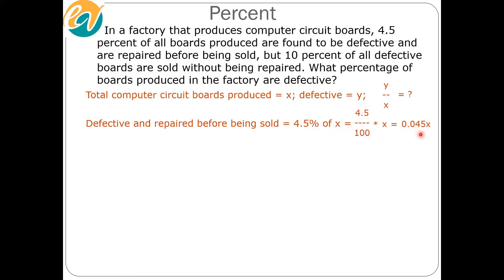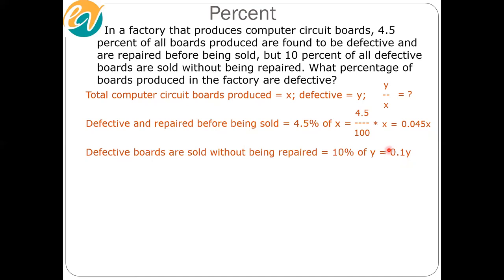So this is the total number that are defective and repaired before being sold. Defective boards sold without being repaired is 10% of all the defective boards, so 0.1Y is the defective boards sold without being repaired.